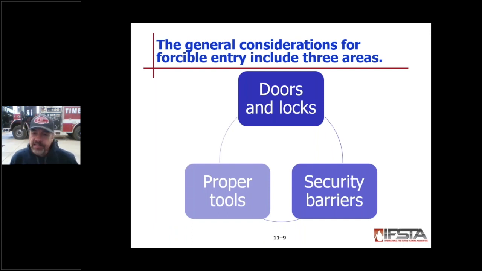So we have three areas. We have doors and locks, security barriers, which could be gates, security doors, both rigid doors and telescoping type doors, and then what are the tools that we have to defeat all of these types of barriers.